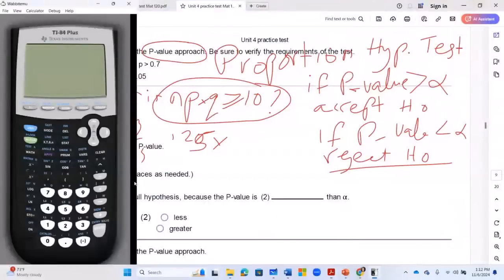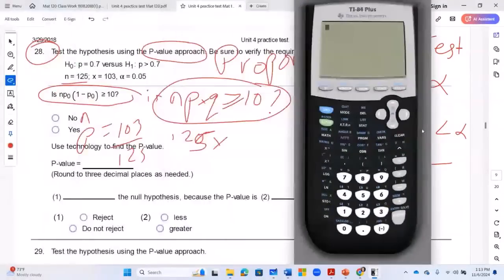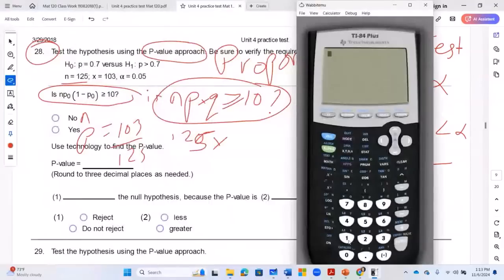And what is P? I'm talking about P, the P in the binomial distribution. So 103 divided by 125 is the P hat, and that is 0.824.